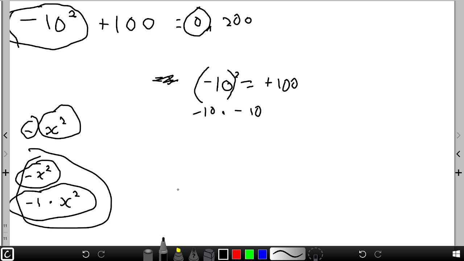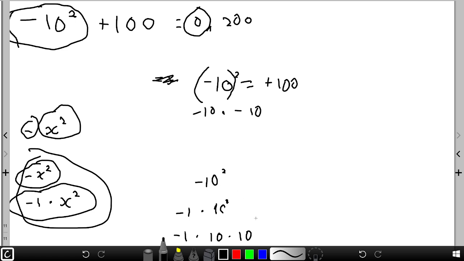Negative 10 squared without the brackets is negative 1 times 10 squared. Now keep in mind it's 10 squared, and it's not listed as 10 times 10. You can also do it as negative 1 times 10 times 10. That's what negative 10 squared is in the simplest form, without any brackets.